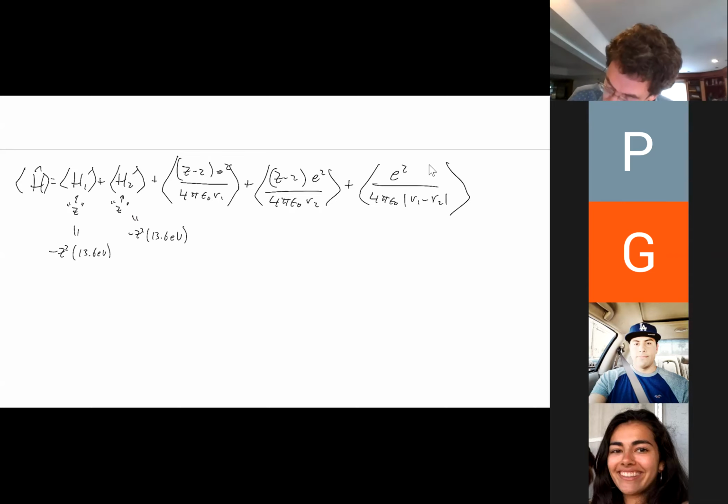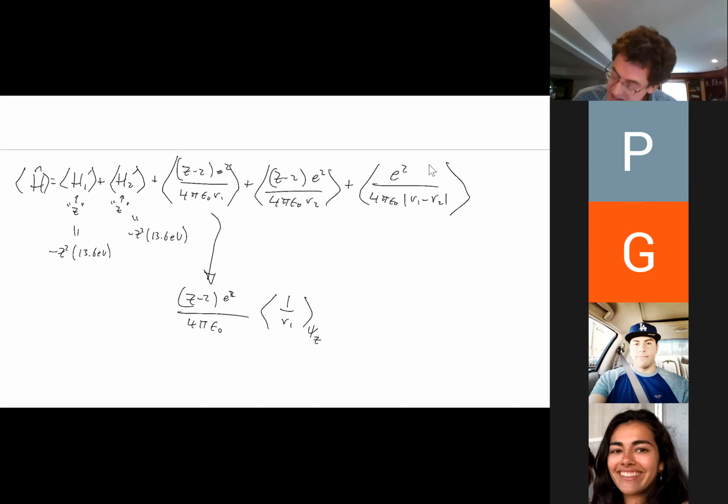And this one is actually pretty easy, because when I do the integral, it's basically (Z minus 2) e squared over 4 pi epsilon naught, and it's the expectation value of 1 over r1 for that wave function.